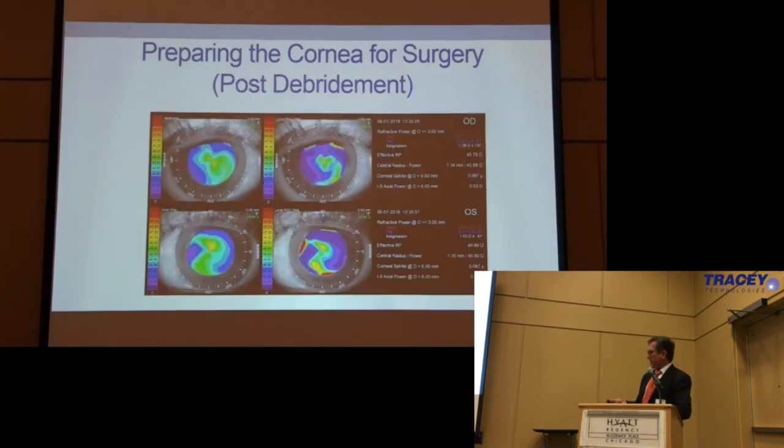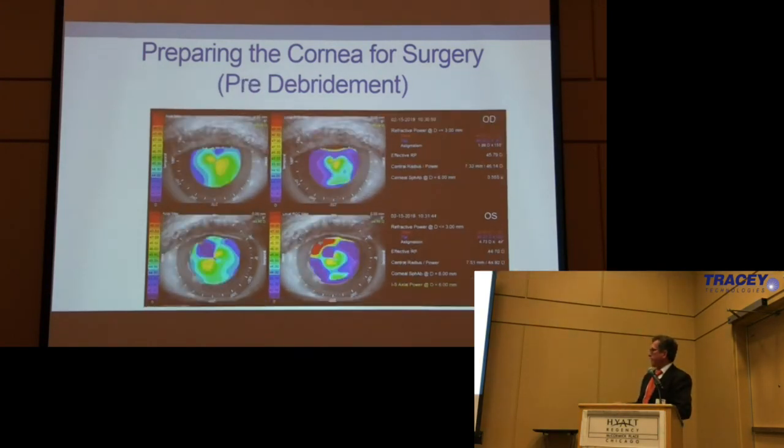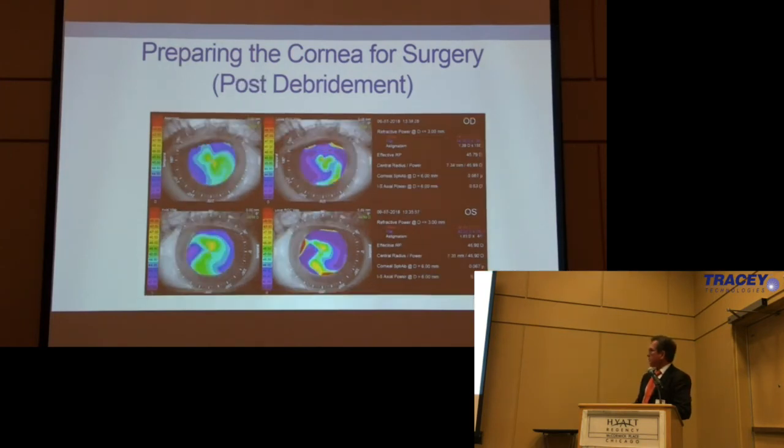So here you can see, obviously, that the patient has changes from the nodules, and post-debridement, we've made the cornea a little bit more spherical. So now the patient wants to have a premium IOL. Her husband's an ophthalmologist for whom I did an extended depth of focus lens on both eyes, but she also wants something.